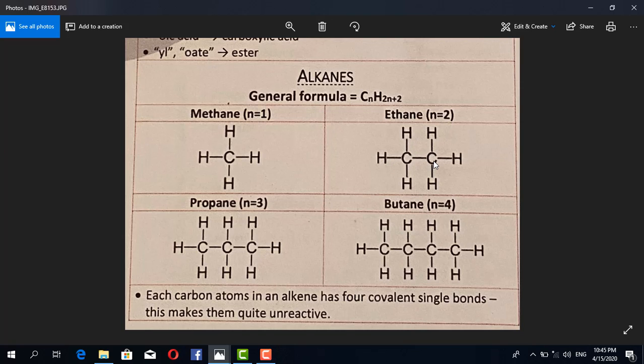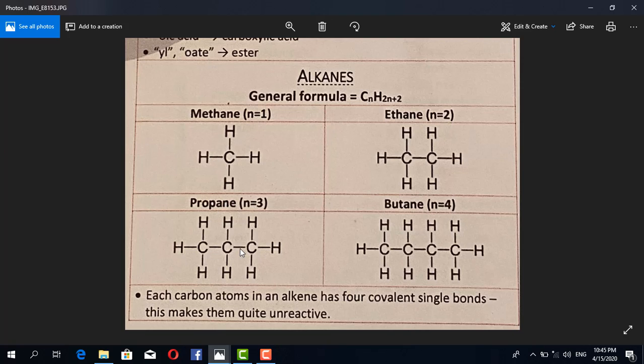What differs the alkanes from the alkenes is the bond, because in the alkenes between the first and the second, or it could be the second and the third carbon, there will be a double bond. But here in the alkane, it's only a single bond, as you can see over here. Also here in methane, we've got the carbon and 4 atoms of hydrogen.